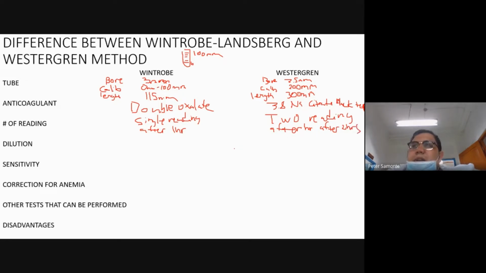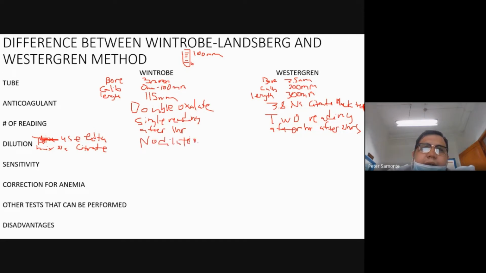Then sa dilution naman class, when I say dilution, is it possible to use EDTA then mix it with sodium citrate? Sa Wintrobe class, it's not allowed kasi double oxalate na yung gamit niya.